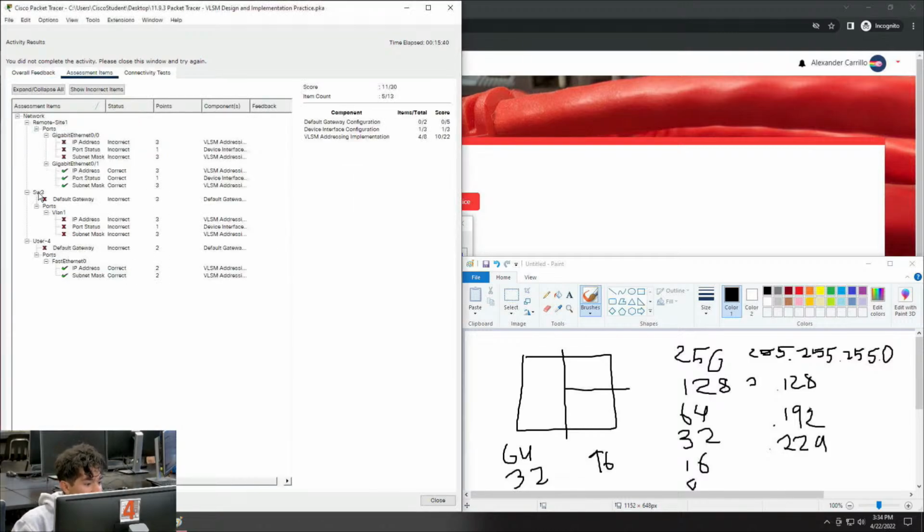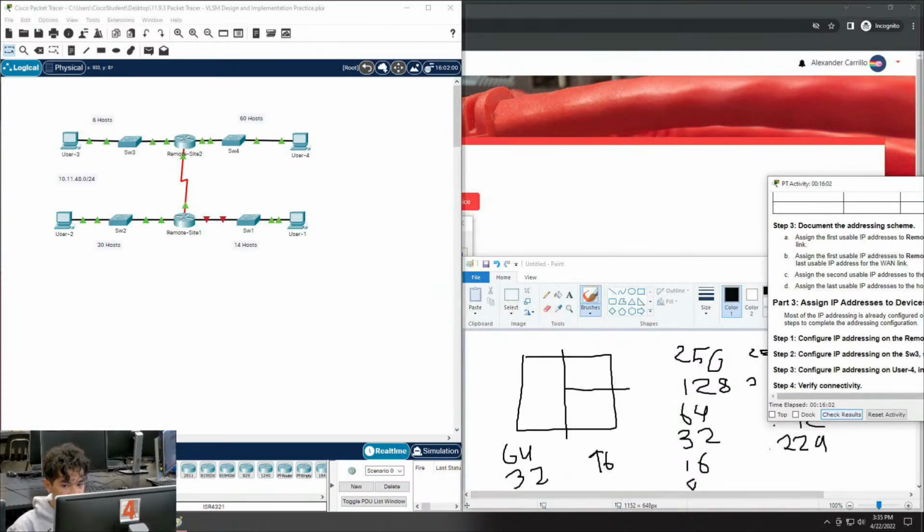Okay, so we need to set the default gateway. We need to finish up the IP addresses over here, and then we need to set the default gateway for switch 3, set up VLAN, and then set up the default gateway for the user, which we almost finished.